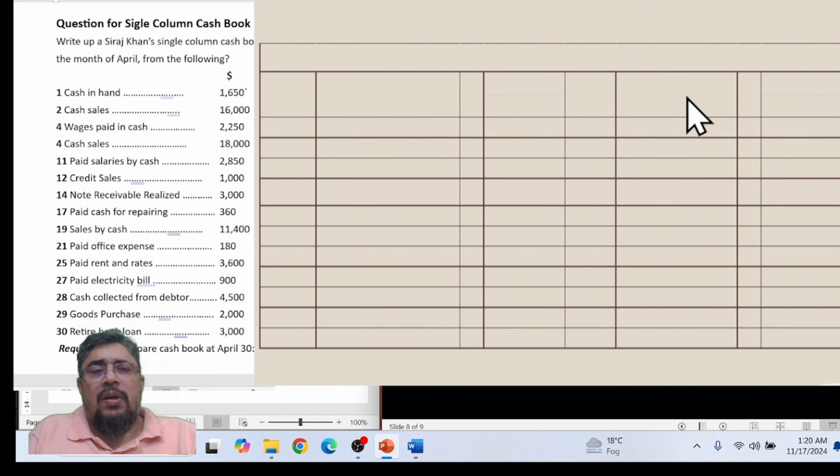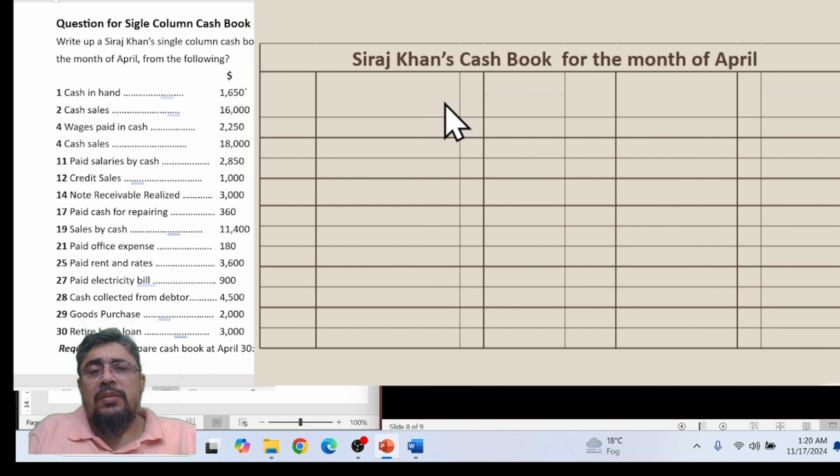Now we are starting to solve the question. First of all we will give the heading here. That heading is Siraj Khan cash book for the month of April.